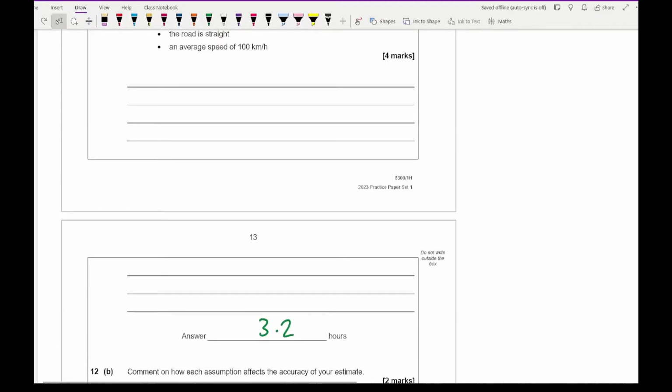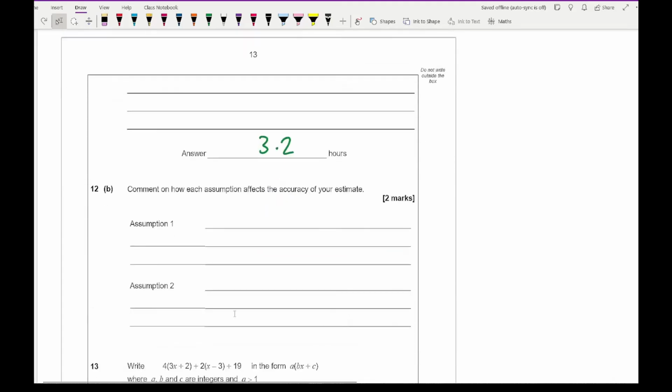Then moving on to our next question, it says comment on how the assumption affects the accuracy of your estimate. So again, assumption 1 is that the road is straight, and we know that's pretty much not going to be the case, so the estimate is low.